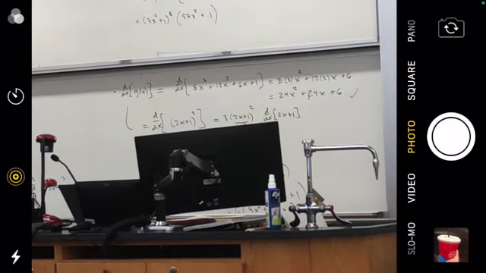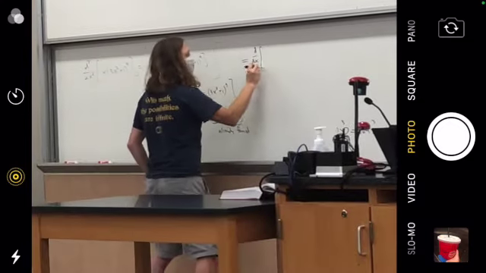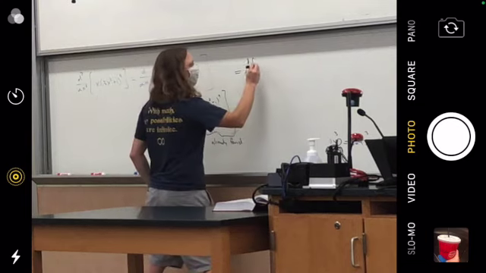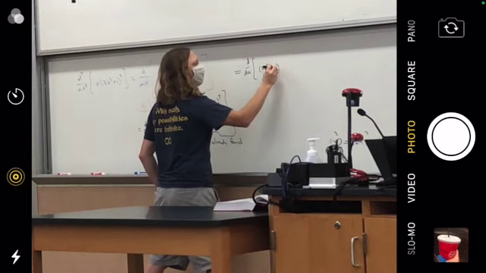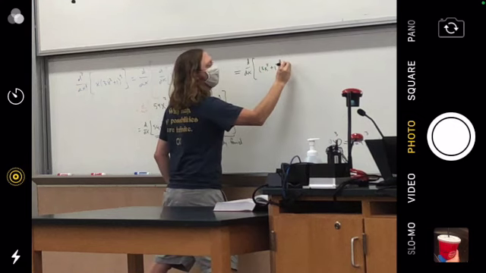All this was fine, but what I could have done is, instead of using this one, ask what is the derivative of this? I can use the factored form: 3x squared plus 1 to the 8 times 57x squared plus 1.